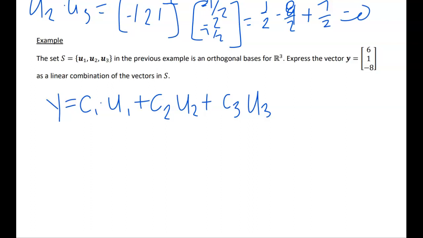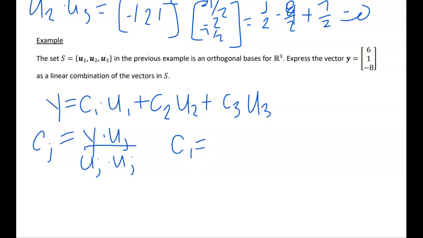Well, there's a theorem in our book that says that cj is equal to vector y times uj over the inner product of uj with itself. So if I want to figure out what c1 is, I need to take y and multiply it by u1.